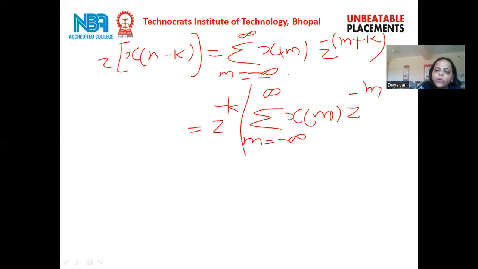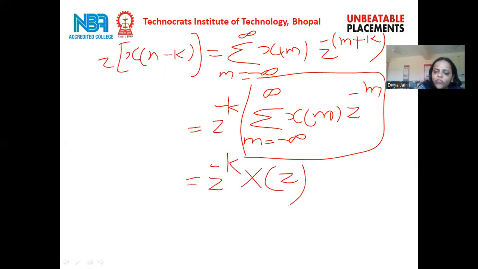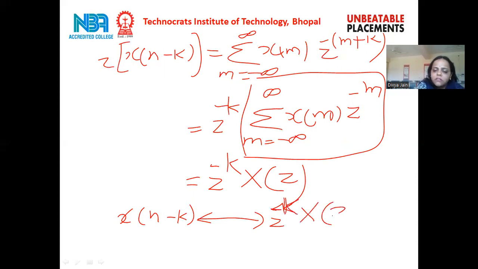This is equal to X(z). So this is the proof of our time shifting property. Means the Z transform of x[n minus k] is z to the power minus k times X(z).